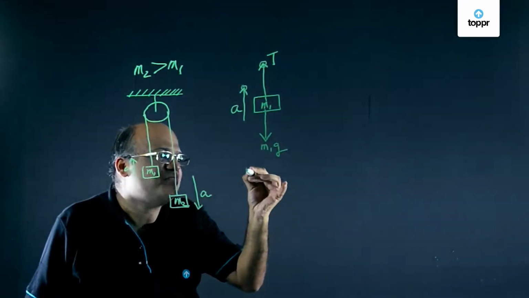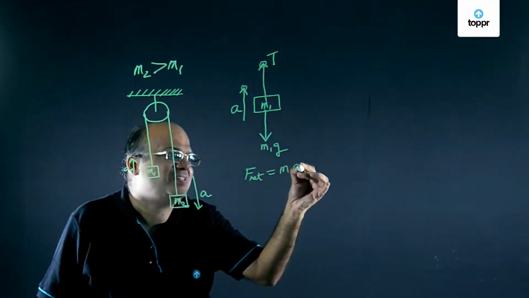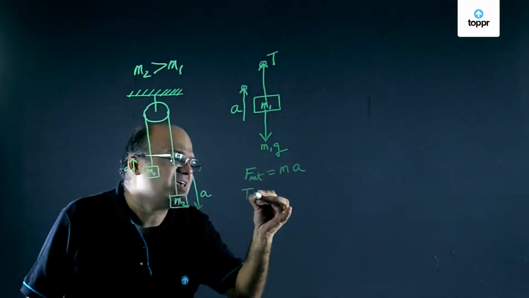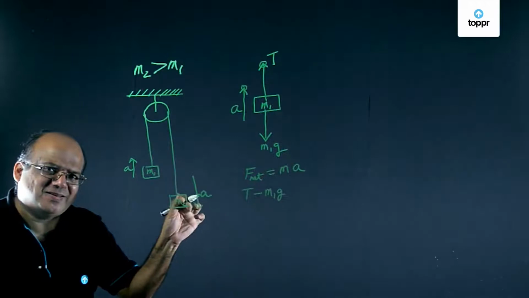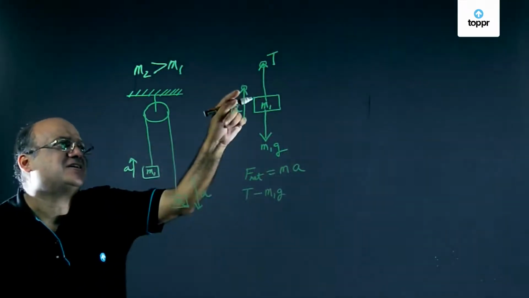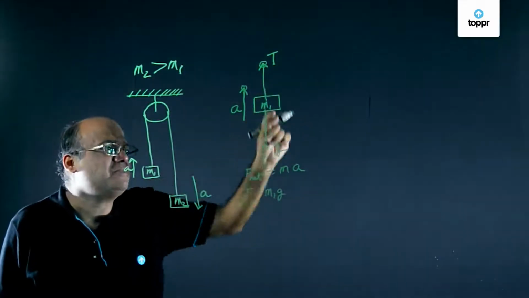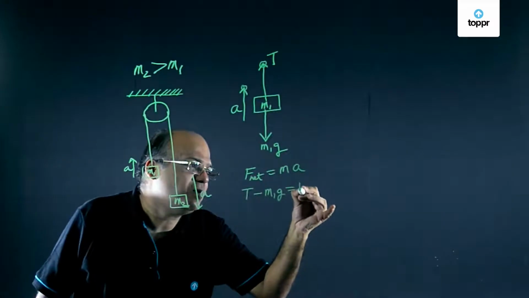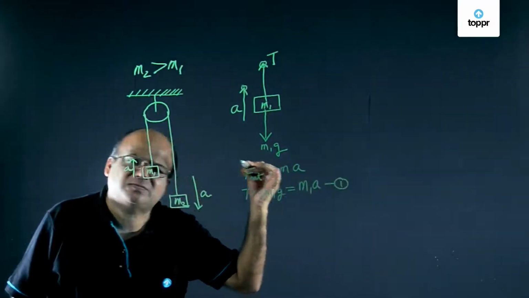So F net is mass into acceleration. This is Newton's second law. Here F net is T minus M1g. Be careful about the sign. Whichever direction acceleration is, in that direction the force is more. So T minus M1g is the net force, and this will be equal to mass into acceleration. This is equation 1.